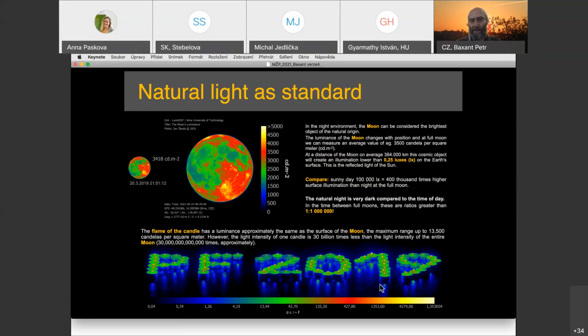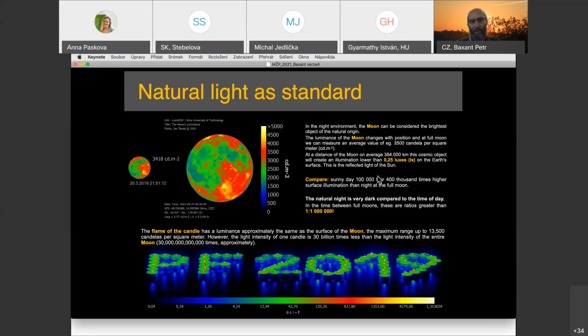As we can see, the luminances are very similar, not different in range, but when we calculate all the intensities together and compare to the moon, we can say that the moon shines with more than 30 billion times higher intensity to the Earth, but of course the distance of the moon is much higher.